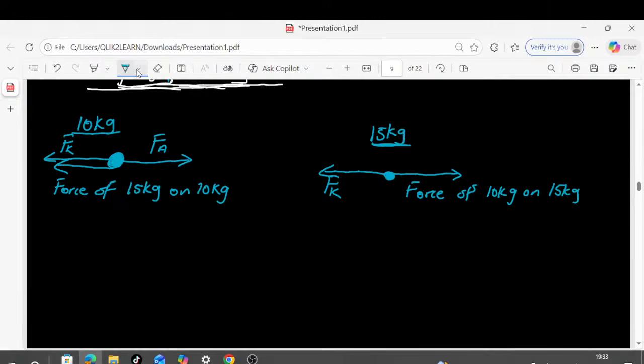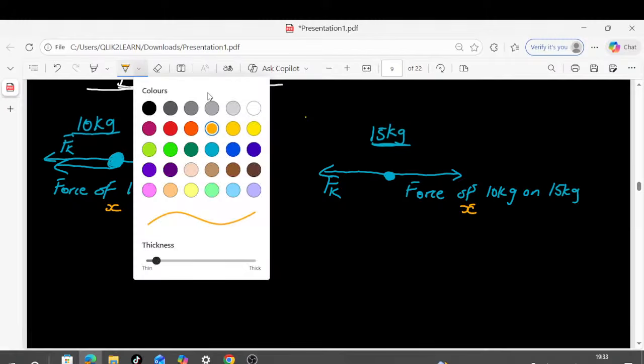So since they are equal, we can let the magnitude of the force of the 15 kg block on the 10 kg block be x. Please, let's let those two be x. So if we let that one be x, what are we going to do next?